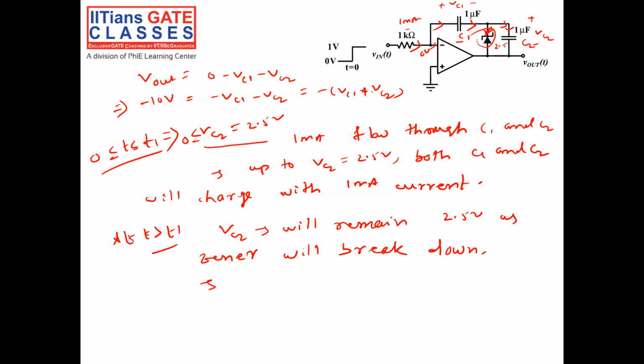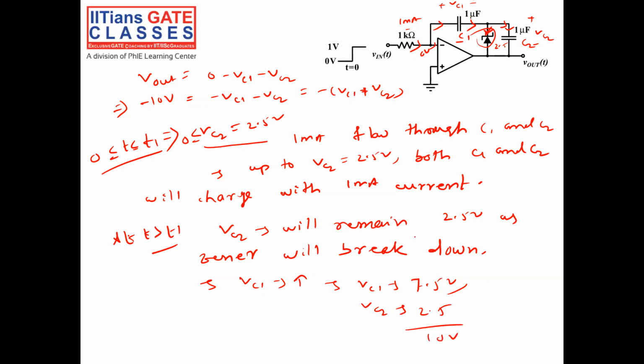Then VC1 will go on charging from 2.5 volt to more, but VC2 will remain 2.5 volt. Then VC1 will go on increasing. When VC1 reaches 7.5 volt, VC2 is already 2.5 volt, so VC1 plus VC2 will be 10 volt.